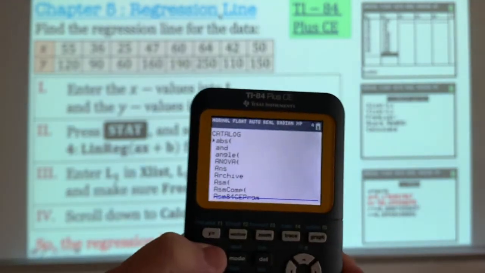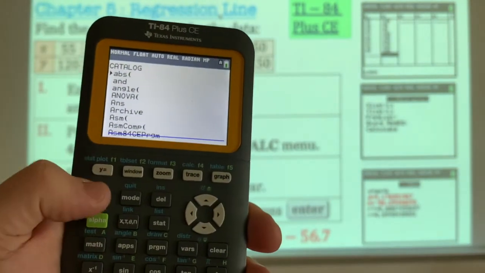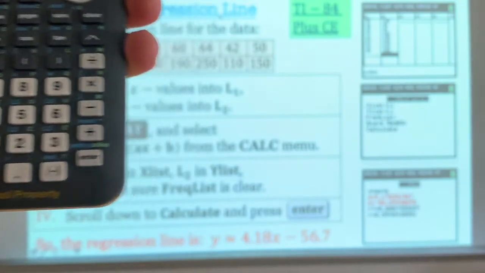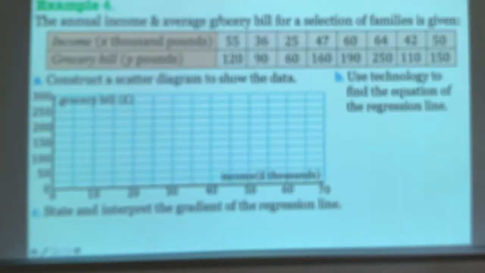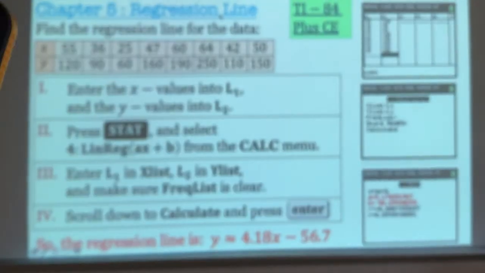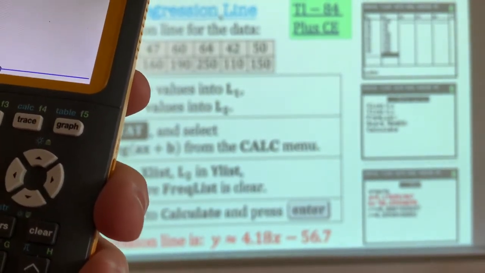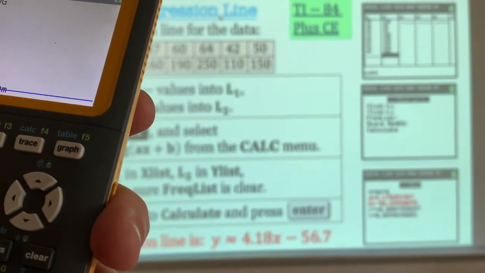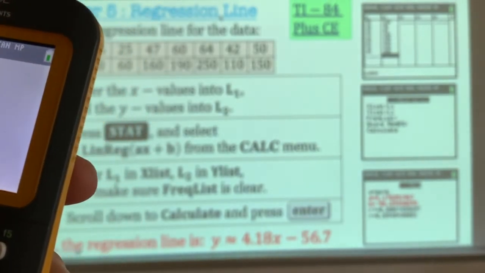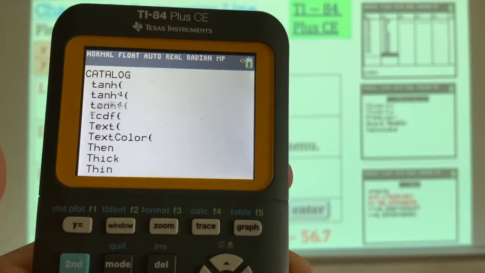You can use catalog. This is another way to do it. Catalog is the second button and the 0 button. All right. Oh, I don't show it here. And what you go down to is you can actually press alpha and all these letters, and that'll bring you down there. So if I went alpha T, it'd bring me to like tangent, oops, sorry, stuff like that.